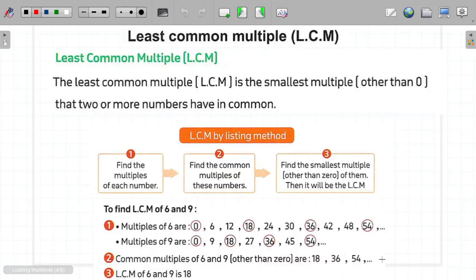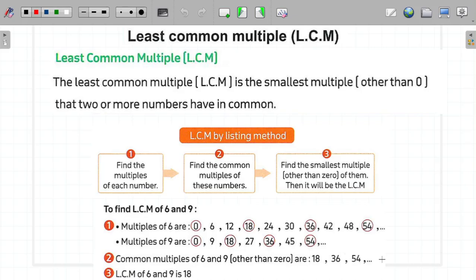Okay, next, I want to find the meaning of the least common multiple between two numbers. Okay, the least common multiple is the smallest multiple other than 0 that two or more numbers have in common.